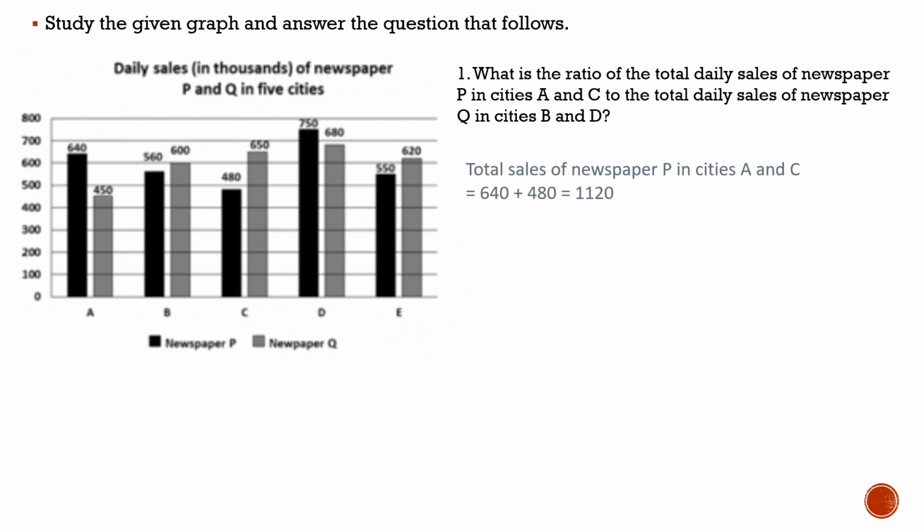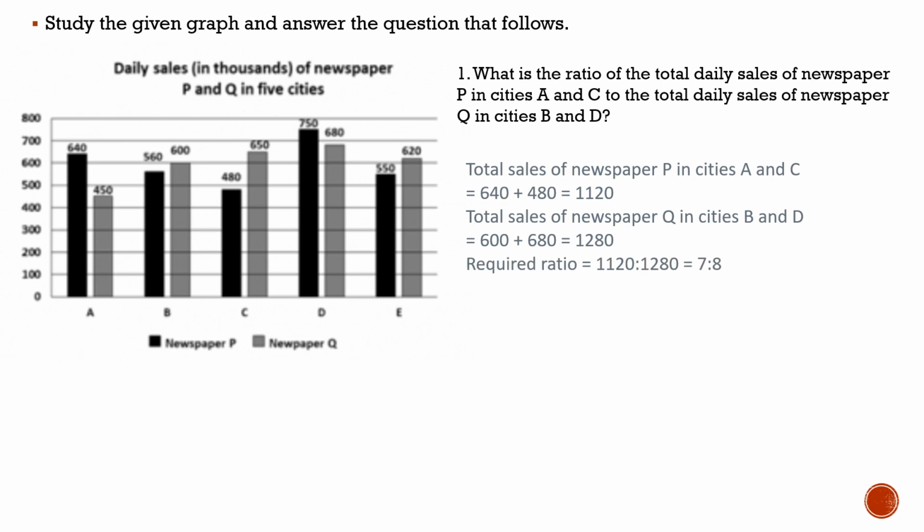For newspaper Q, city B is 600, city D is 680. So total sales will be 600 plus 680, 1280. Therefore, the ratio will be 1120 is to 1280. So after simplification, we get 7 is to 8.